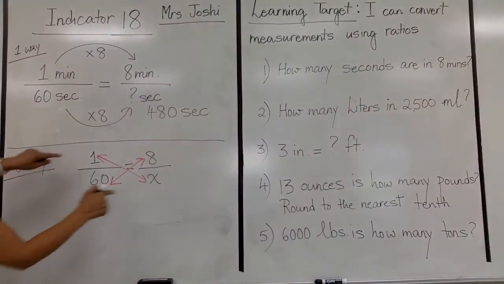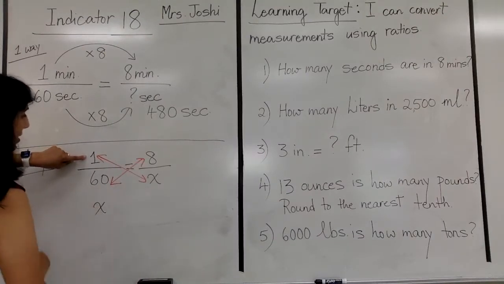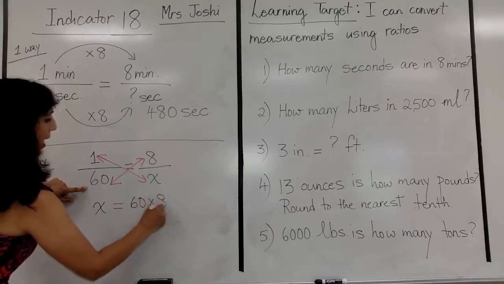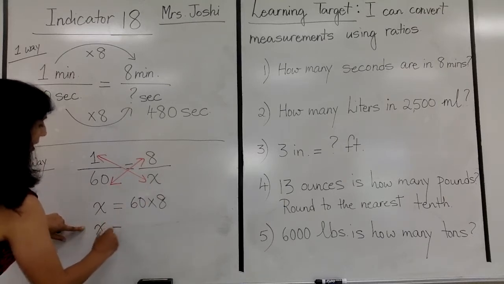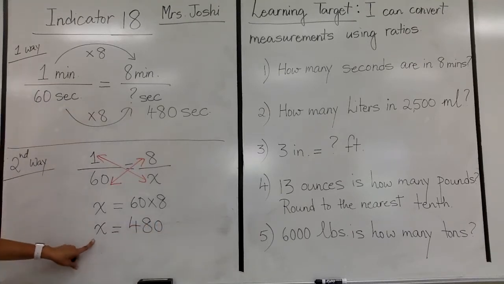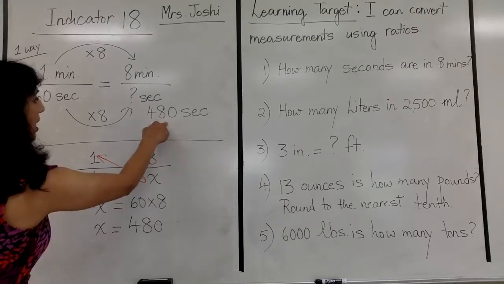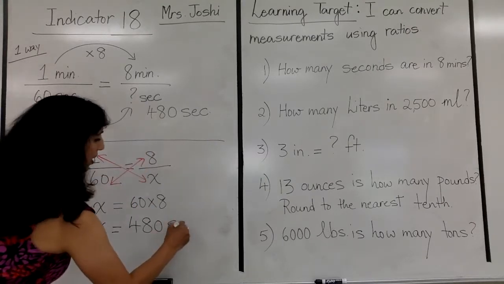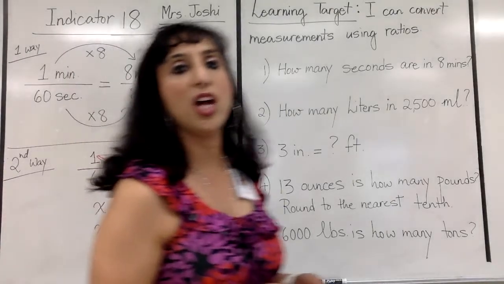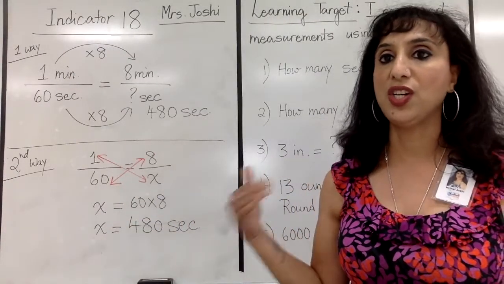Okay, so x times 1 is x, is equal to 60 times 8, and so therefore x is equal to 480. And this x is actually seconds because we are trying to find how many seconds are in 8 minutes. So we just solved it straight up like this. So this is 480 seconds. Okay, but this is the cross products method. I want to show that to you also.